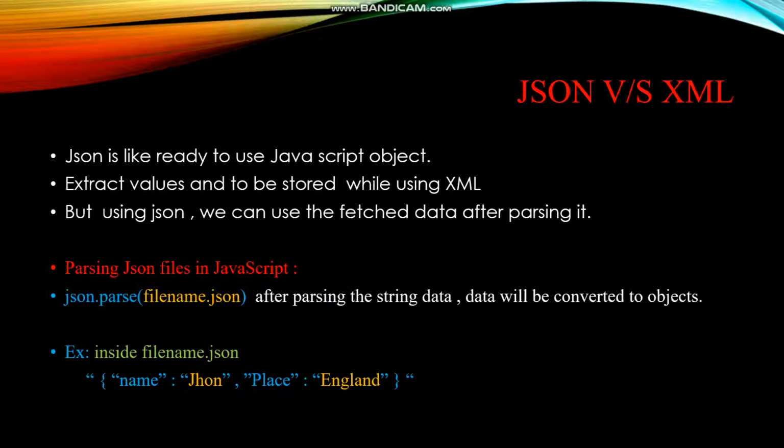JSON.parse takes the argument as the JSON file or the text string. After parsing the string data, the data will be converted to objects. Inside the file.json, it will be like this: name John and the place England.